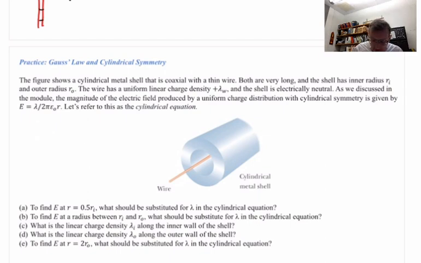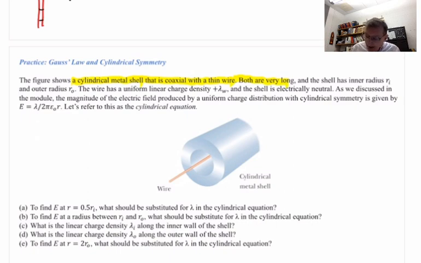The figure shows a cylindrical metal shell that is coaxial with a thin wire. They have the same axis. Both are very long, so warning, the picture seems to imply that the metal shell just stops. Nah, that's just their way of, they just stop drawing it so you could see things. But both things, the wire and the shell, go on and on and on, very long.